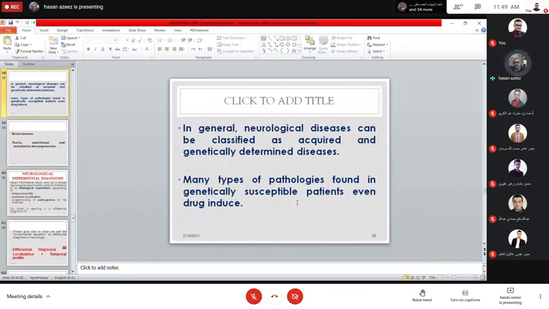Maybe it is due to mutation, and maybe this genetically determined disease needs a factor to be shown. For example, many drug-induced conditions need genetic susceptibility to happen. So hereditary should be used in a special manner. Many types of pathology are found in genetically susceptible patients, even drug-induced, as I said.